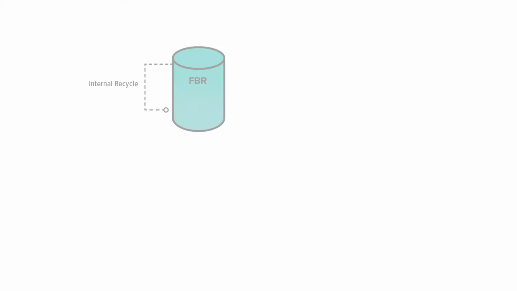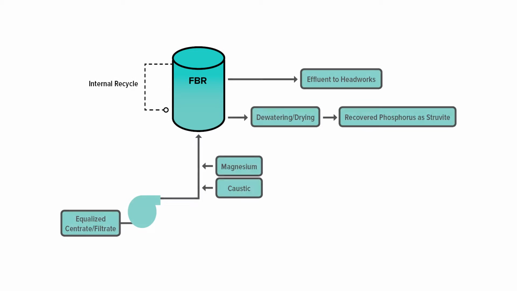There's some difference between the two manufacturers, but both do use a fluidized bed reactor to precipitate phosphorus out as struvite. And then to allow for this precipitation, sodium hydroxide and magnesium addition are usually required.